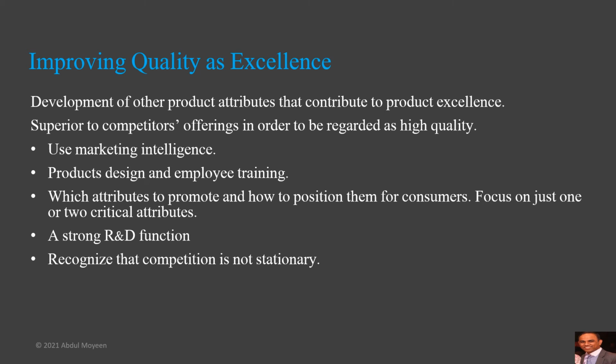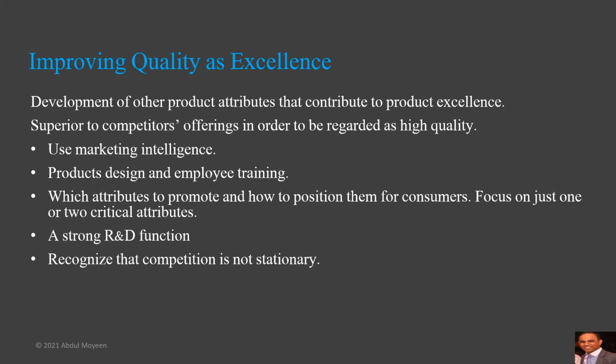A product is comprised of different attributes, and reliability is just one attribute, but a powerful one. And we have seen what a company can do to improve the reliability of the products. Products can also be differentiated by attributes that include form, features, performance, durability, and styling of a product.